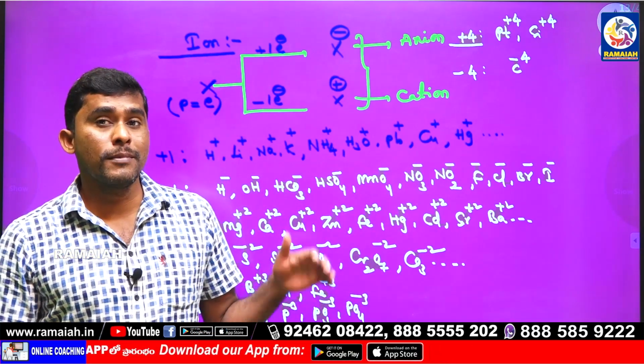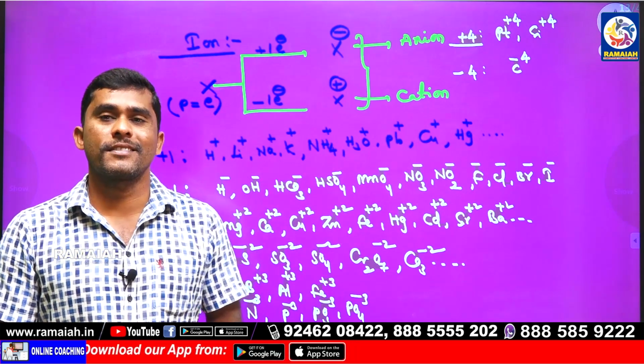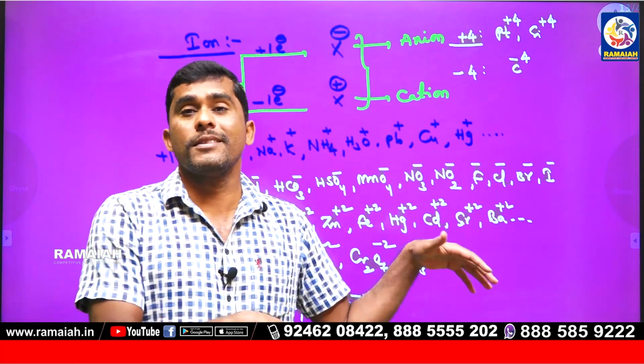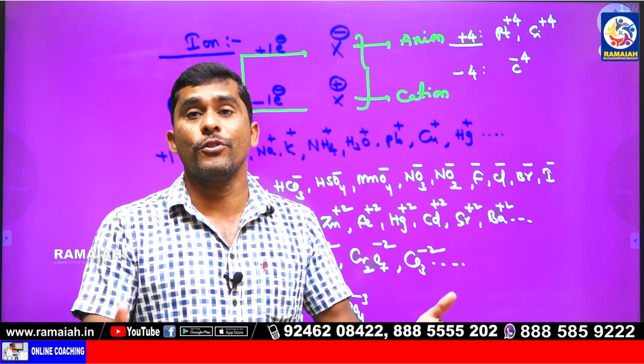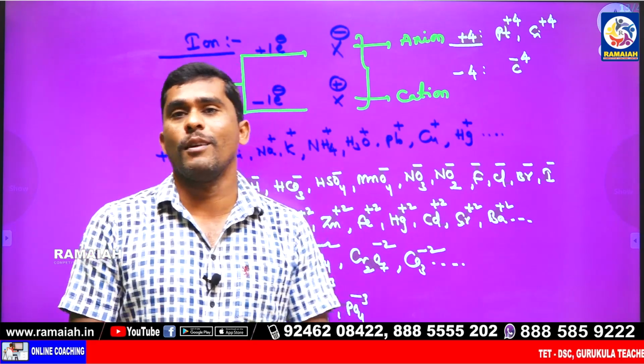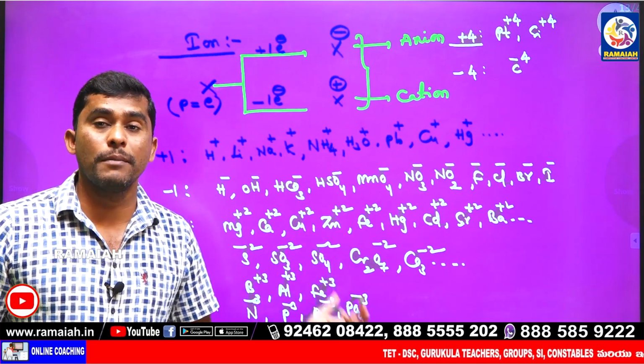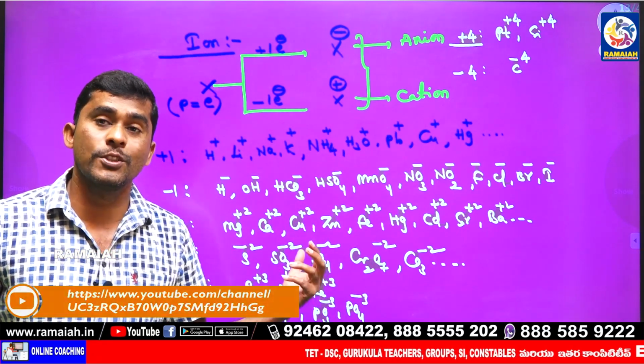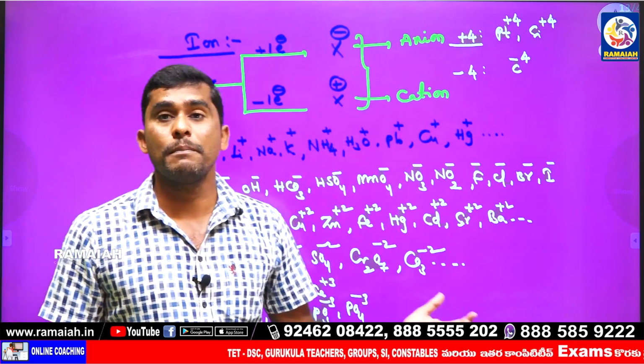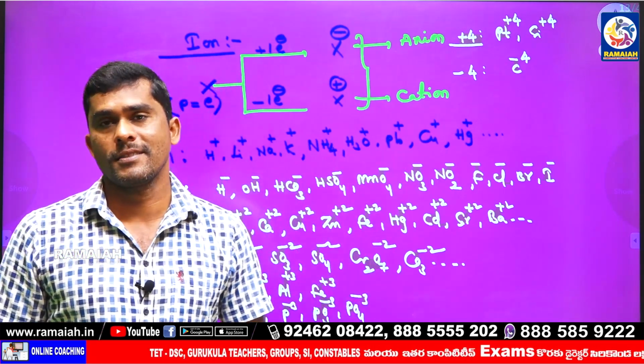So we remember all these ions. When we remember these ions, easily we can write the formulas of the compounds. Examples of unipositive, uninegative, dipositive, dinegative, tripositive, trinegative, next tetrapositive and tetranegative ions.